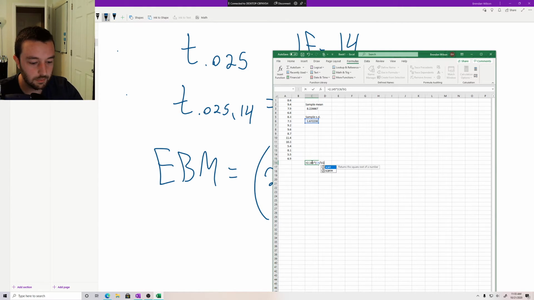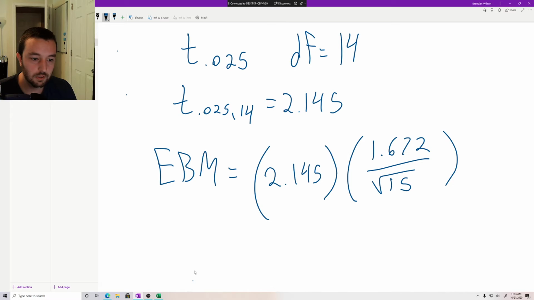All right, let's see if this works. Let's say SQRT, yep, 15. Okay. Then we've got to close that parenthesis. So we get 0.926. Okay. It's a little different from the answer in the book because they only use 2.14 here instead of 2.145.